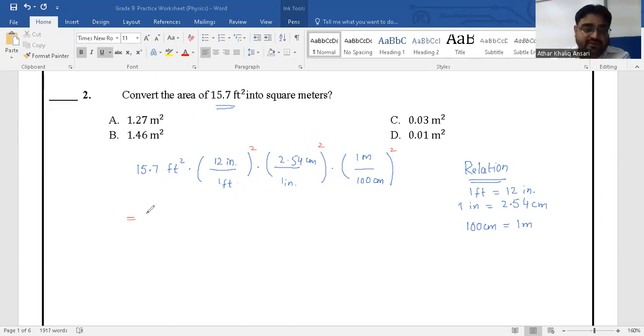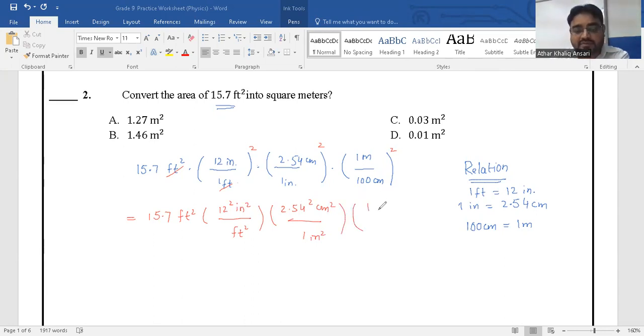Now I have 15.7 as it is. Let us move one more step to make it more understandable. So square foot, and here it is 12 squared square inch over square foot, and the next one 2.54 squared square centimeter over 1 inch squared, because the square of one is the same.